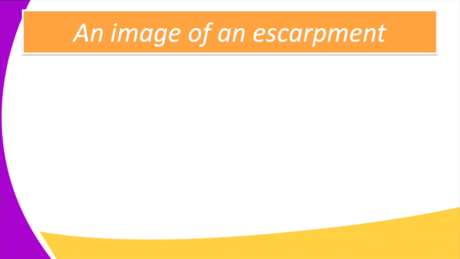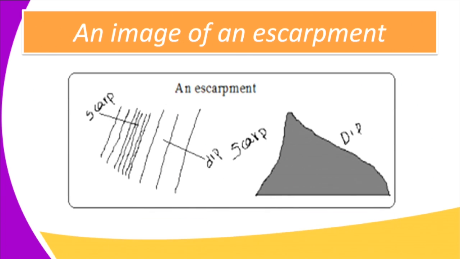So to detect an escarpment on a topographical map, this is what we look at. You will look at the contour lines. How are these contour lines shaped? Where you have contour lines that seem to be close to each other, you will know that this is the steep slope. Then where you have them wide apart, you know that this is the gentle slope.